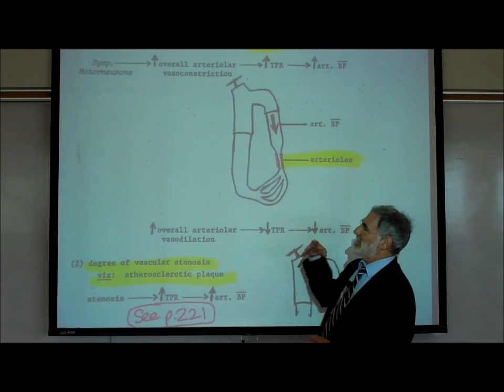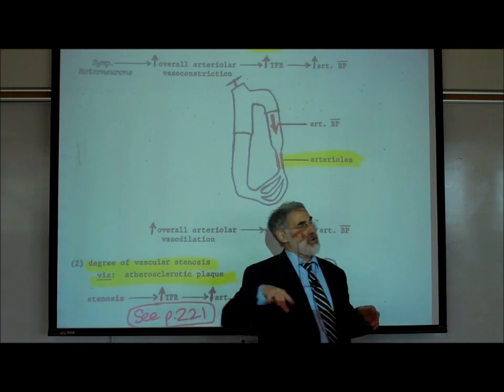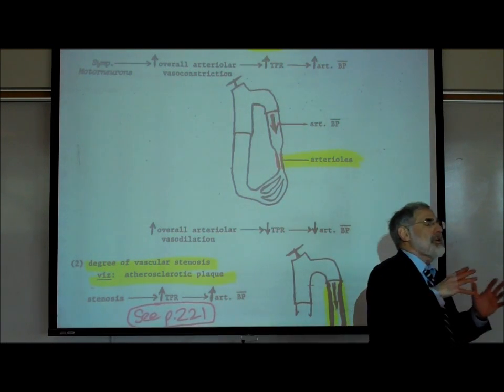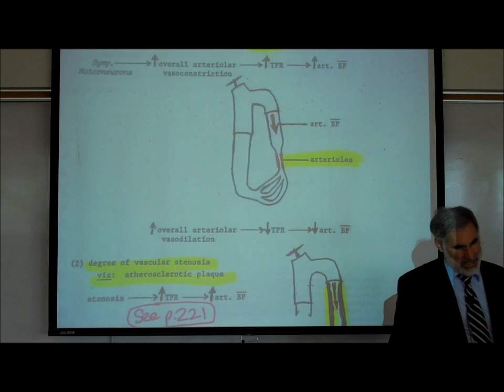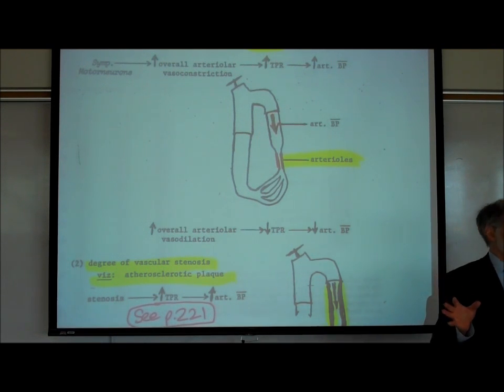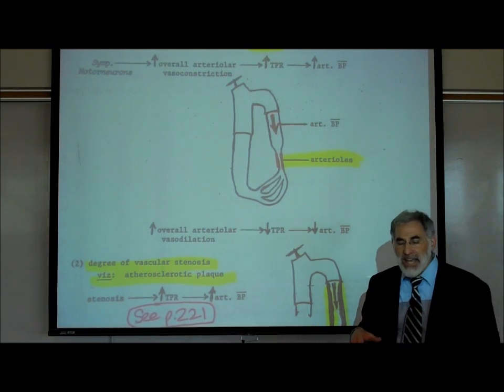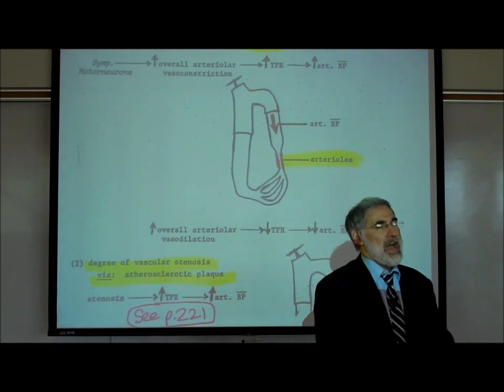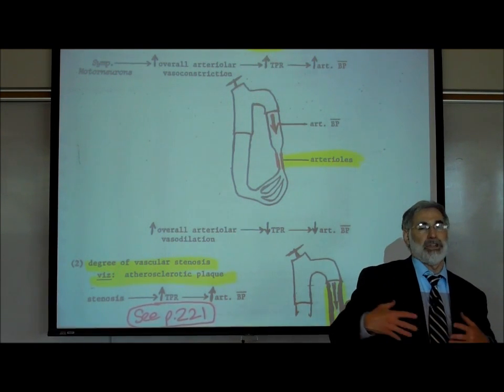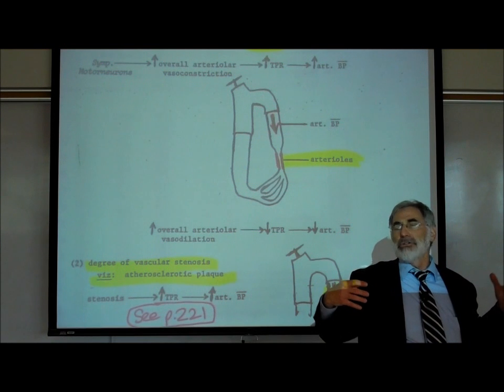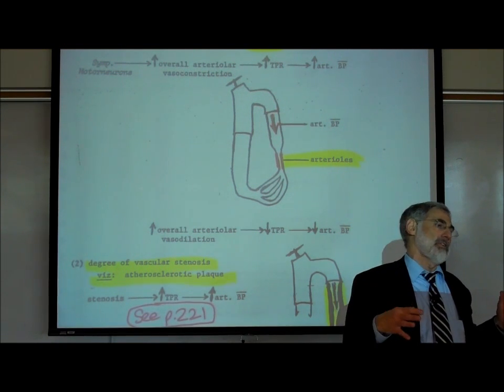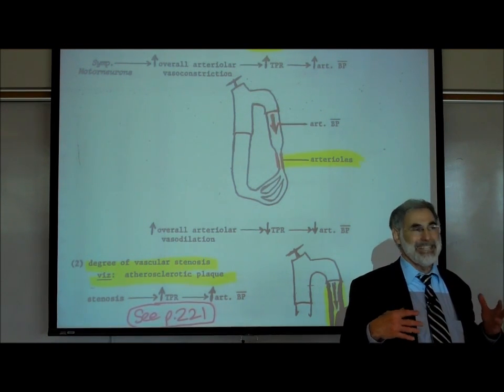Let me give you an example of something that would cause essentially all the blood vessels in your body to dilate: an allergic reaction. We're going to have more to say about this, but in an allergic reaction or hypersensitivity reaction, your cells release chemical mediators of inflammation, including histamine.